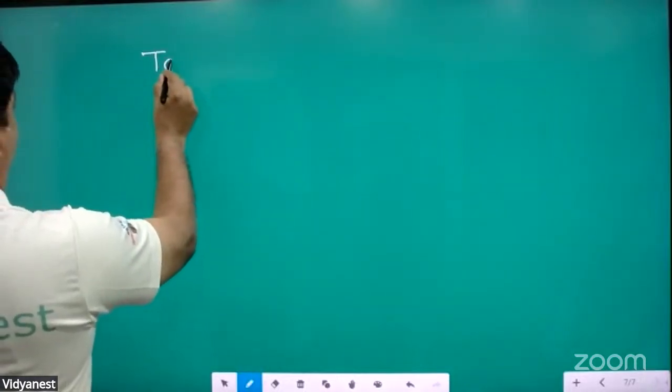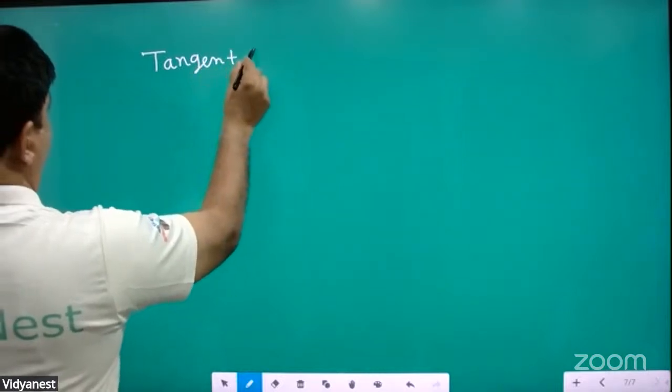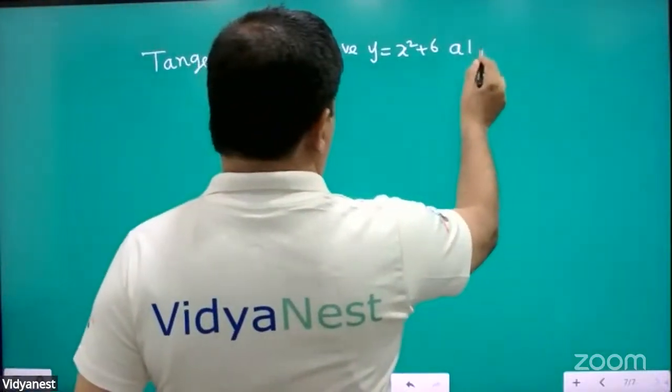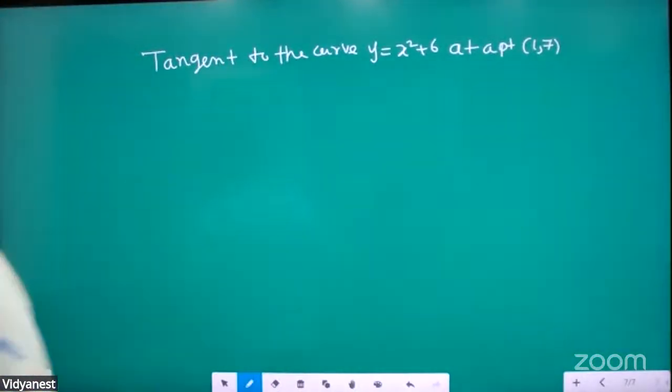Tangent to the curve y is equal to x square plus 6 at a point 1, 7 touches the circle.